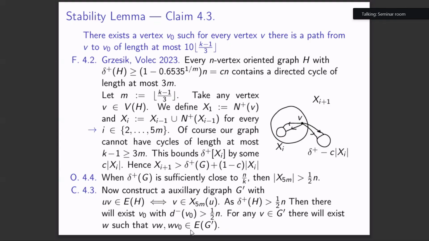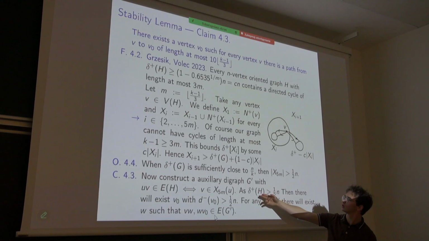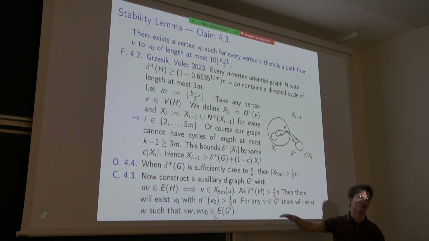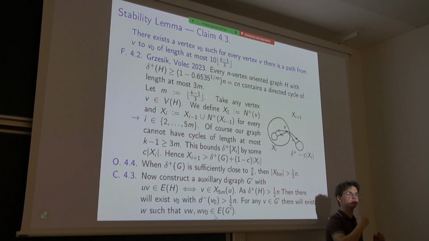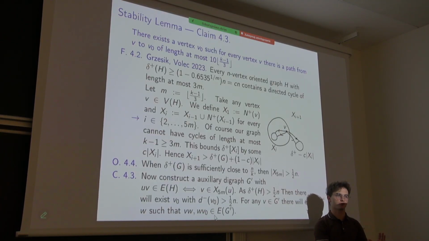As the outdegree of this auxiliary digraph G prime is greater or equal to n/2, there must exist a vertex with indegree greater or equal to n/2.